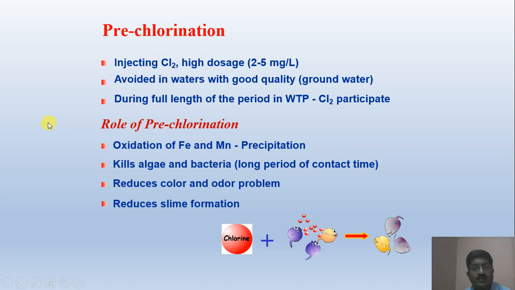Pre-chlorination. Sometimes we have to provide the chlorination to disinfect the water before starting the process itself. So injecting Cl2, a high dosage of 2 to 5 milligram per liter is decided. It is avoided in waters with good quality.